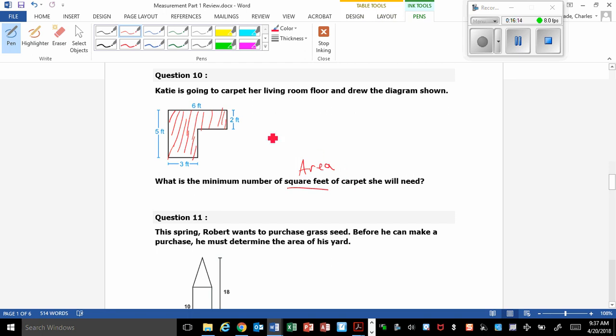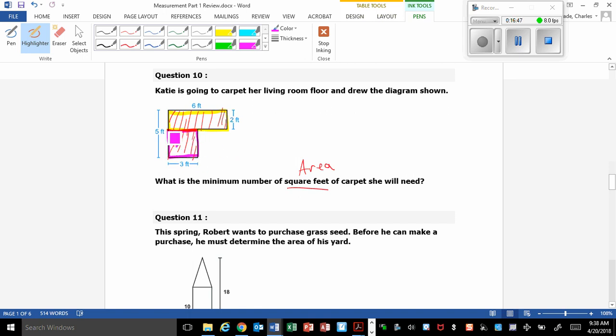Okay, so we can break it into 2 different figures. Again, it's up to you how you want to break it up. Okay, so we can go here with it, and then we can go here.